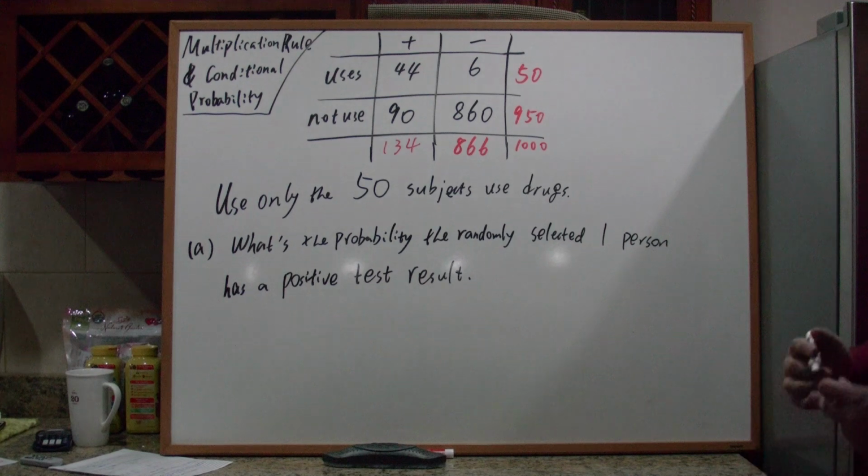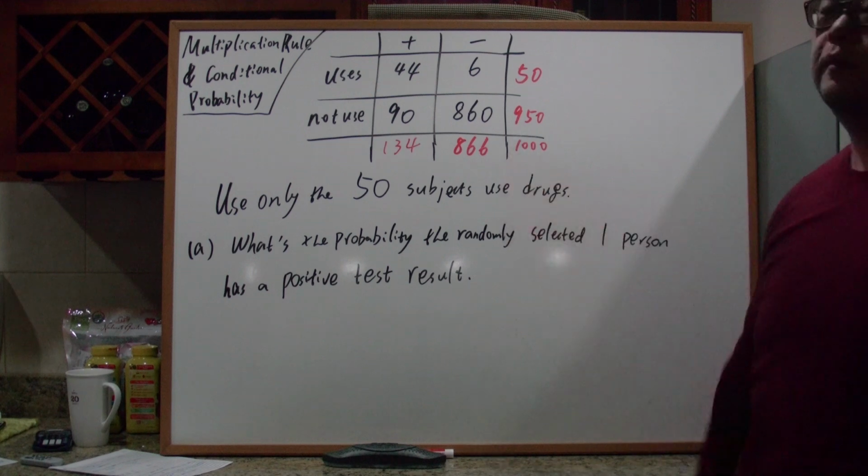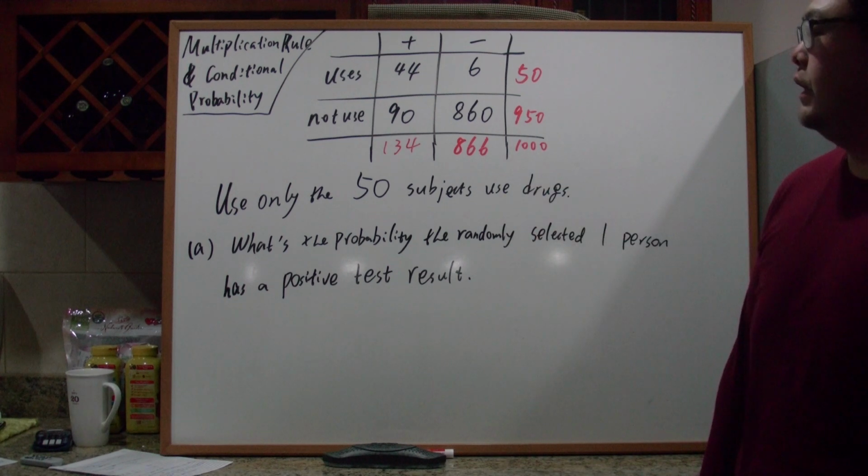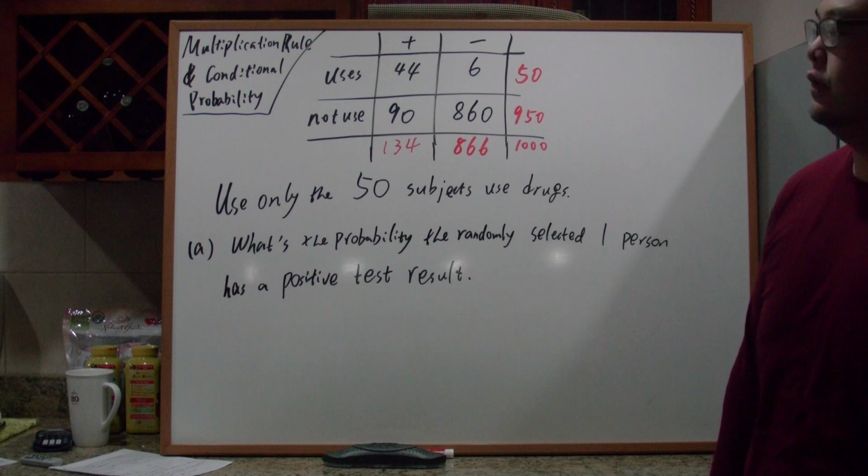What's the probability the randomly selected one person has a positive test result from, of course, only the 50 subjects who use drugs?